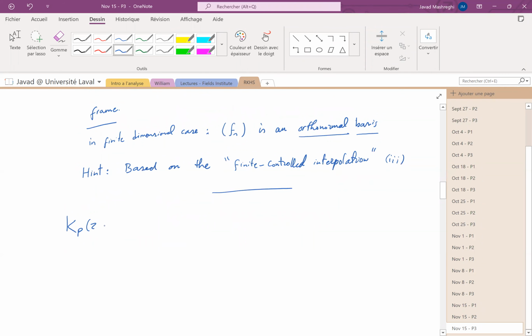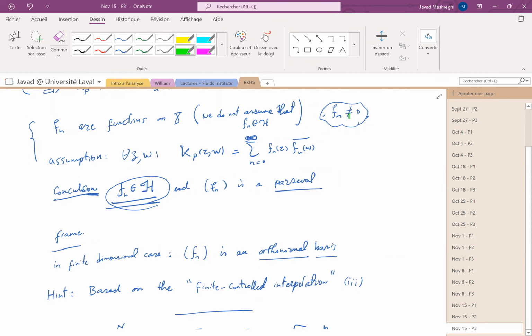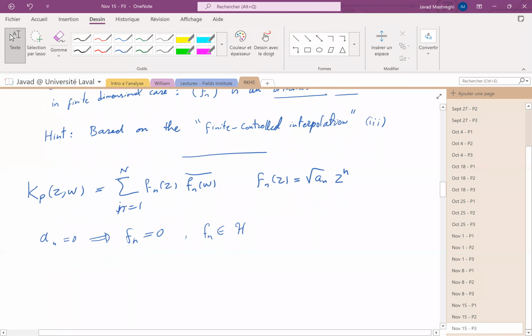And here we have Kp of Z and W equal to the sum over n from 1 up to N, Fn of Z, Fn of W bar. Fn of Z is root of An Zn. And here this assumption comes into the picture, this one. If An is equal to 0, then Fn equals 0, and trivially Fn is in this space, nothing important here.